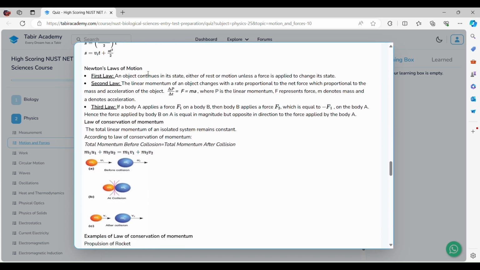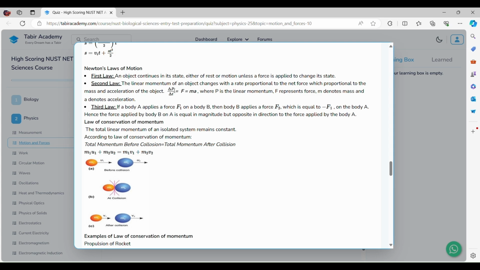अब आ जाते हैं Newton's laws of motion. First law है an object continues in its state either of rest or motion unless a force is applied to change its state. Second law है the linear momentum of an object changes with the rate proportional to the net force, which is proportional to the mass and acceleration of the object. dP/dt equals F equals ma.